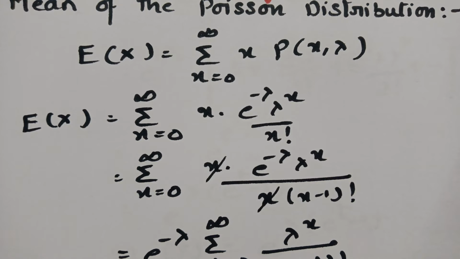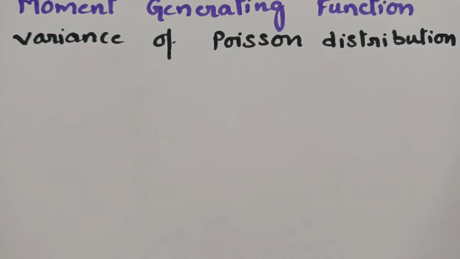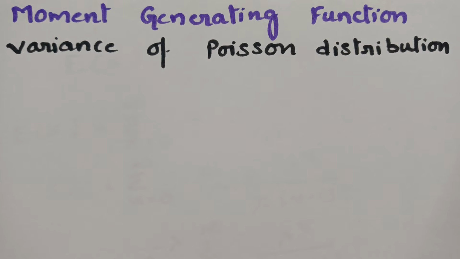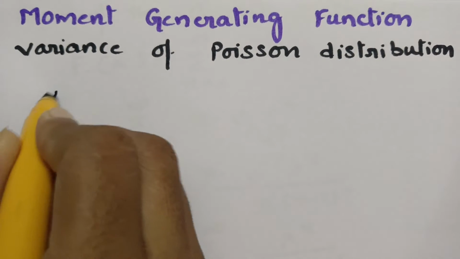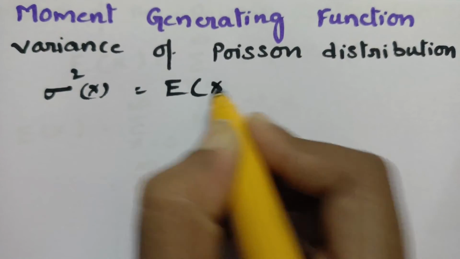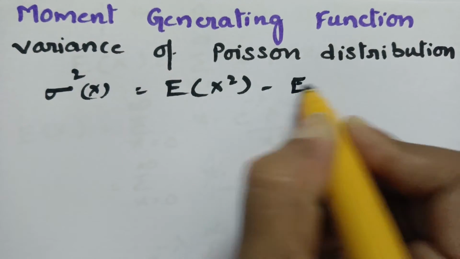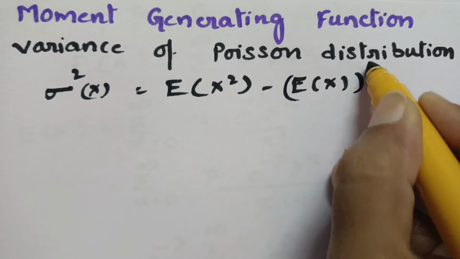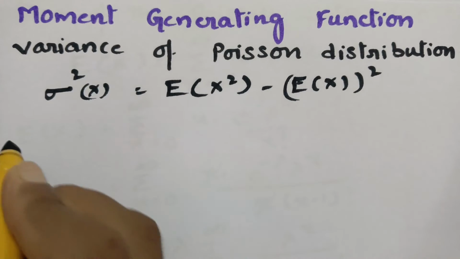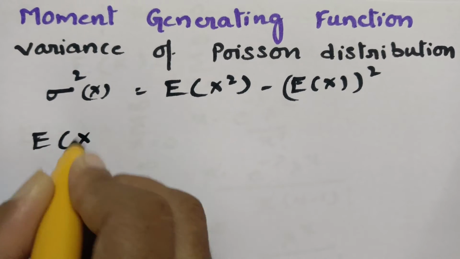Next, coming to the variance of the Poisson distribution. According to the variance formula, sigma square of x is equal to E of x square minus E of x whole square. Now I am going to calculate the expected value of x square.